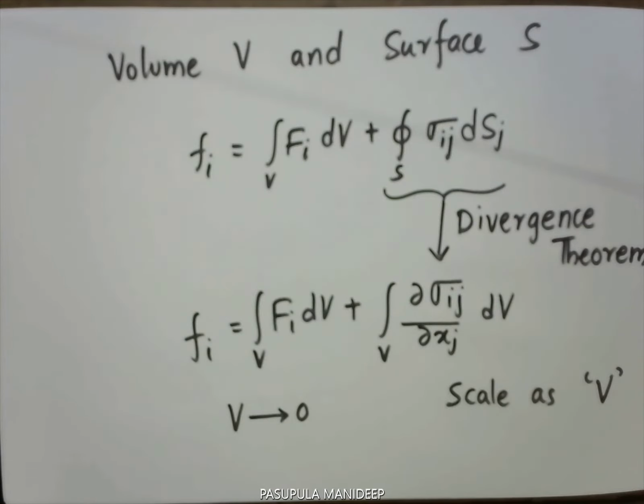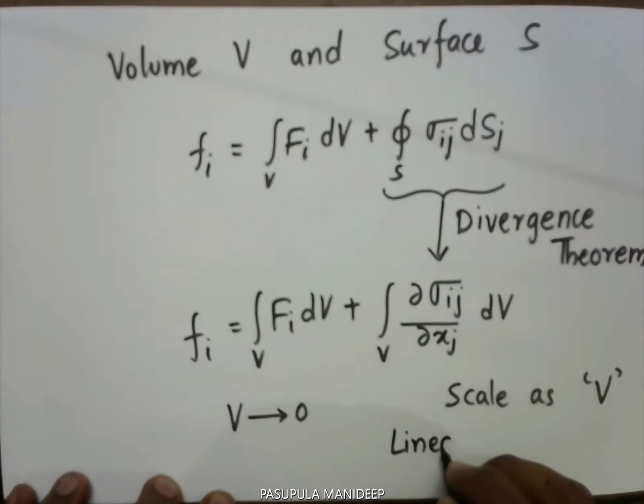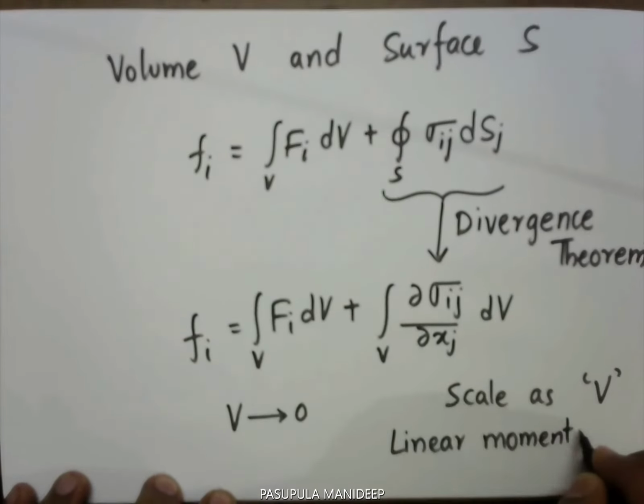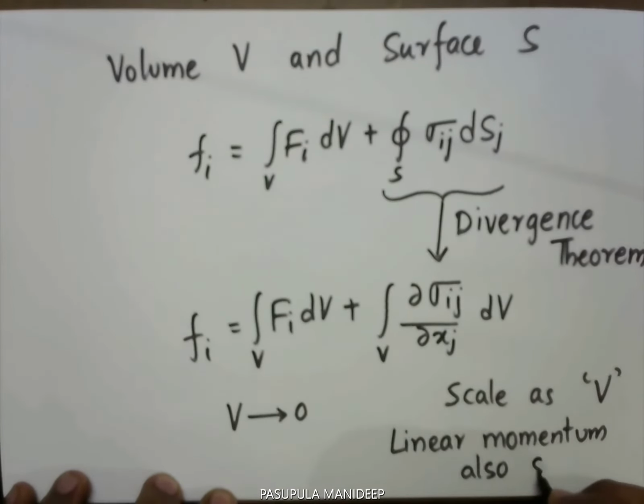As volume tends to 0, the linear acceleration and mass density are also approximately constant across the element. So the rate of change of linear momentum also scales as V.